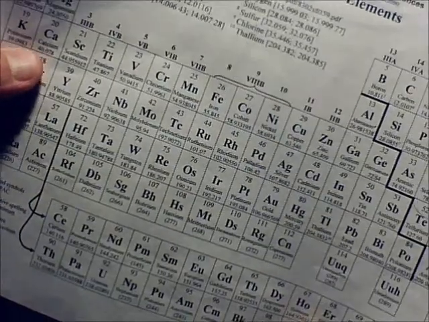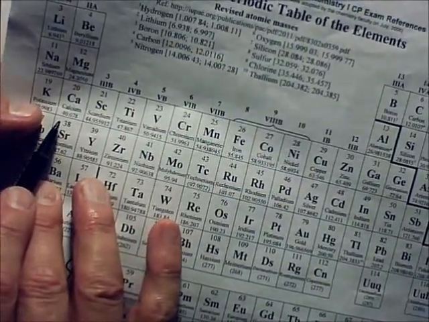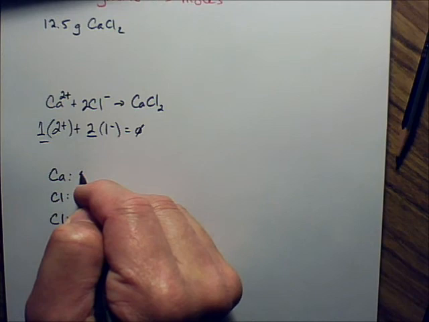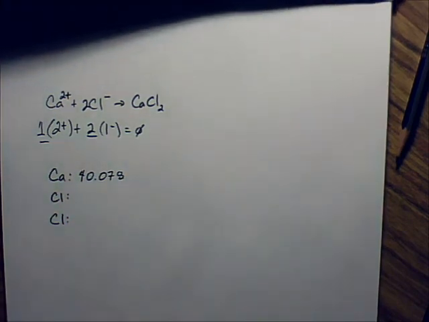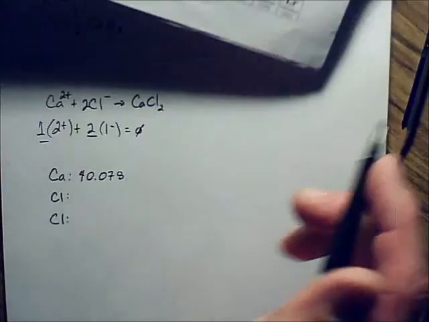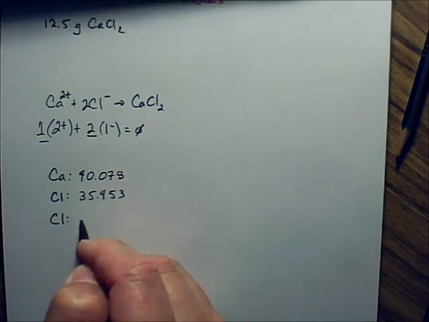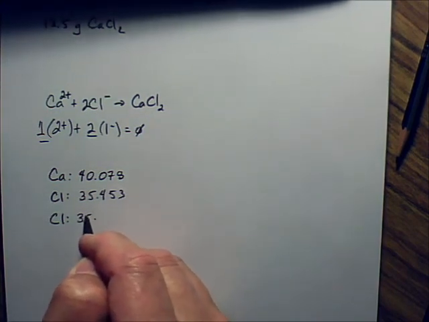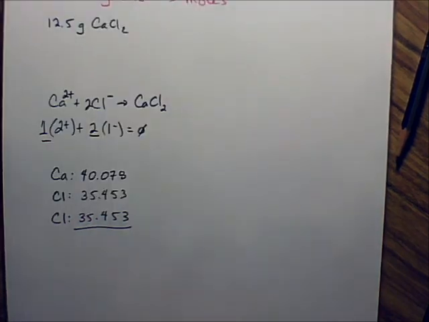So if we look on this periodic table and find the atomic mass for calcium, it's 40.078. And chlorine is 35.453. And it's the sum. We're going to add all those up.